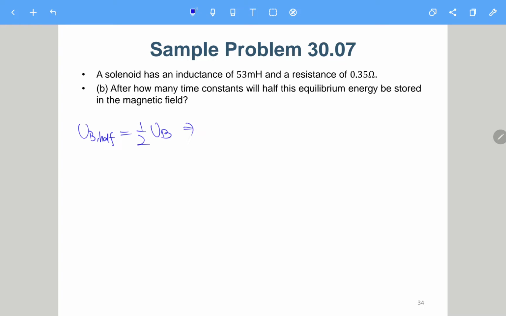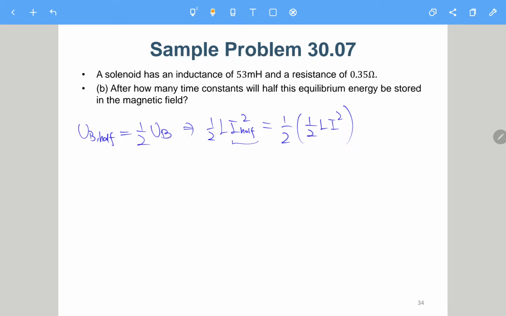On the left side, U_B half is 1/2 L I_half squared. Actually, I_half is not half of I, but we want to know what this I_half should be. On the right side, U_B we still have this 1/2, and then another 1/2 L I squared.